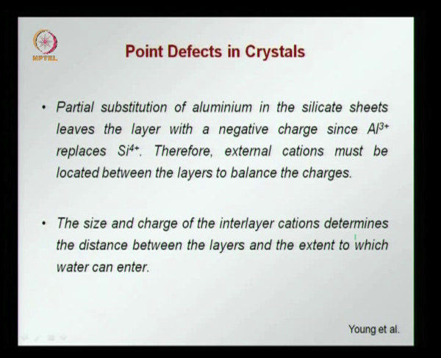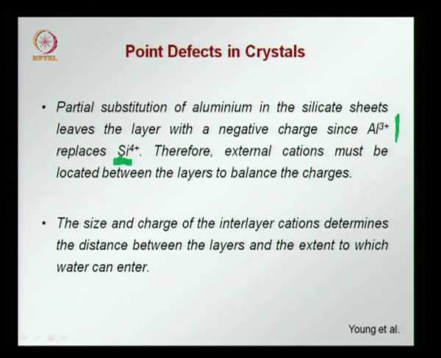So, there is a change in the charge because we have the aluminum cation replacing the silicon cation, and now you see that there is a loss of charge, and so external cations have to now come in between the layers to balance the charge, and these cations are of different sizes and charges.